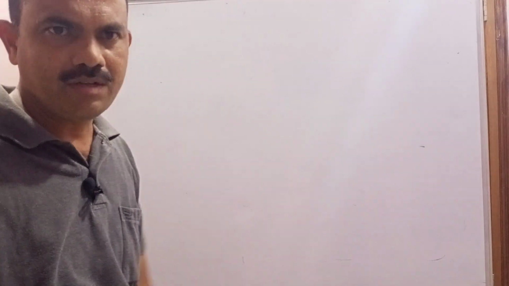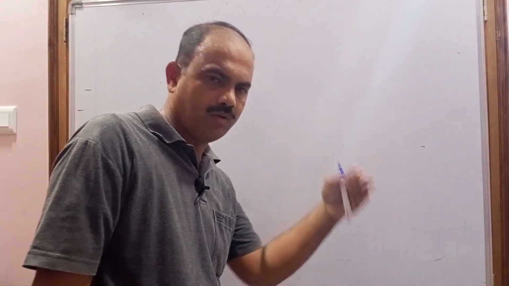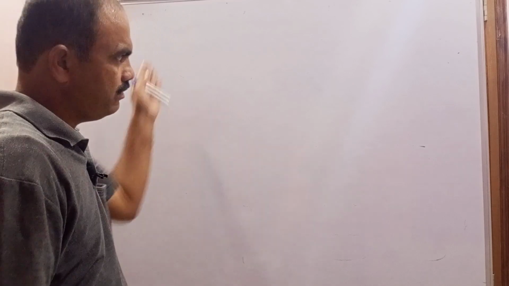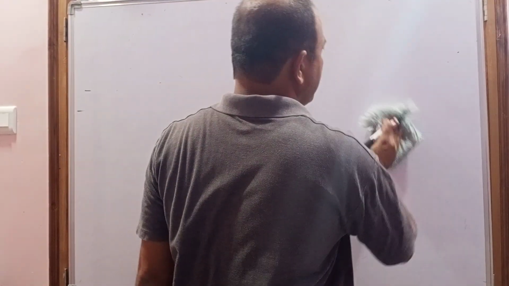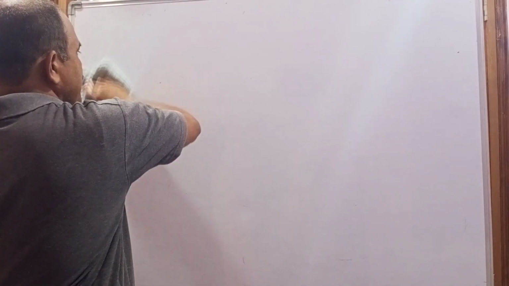That is a convention followed when walking on the road. In the same way, when we are discussing spherical mirrors, we get some distances: focal length, radius of curvature, object distance, image distance, height of the object, height of the image. These are the distances we have to measure.